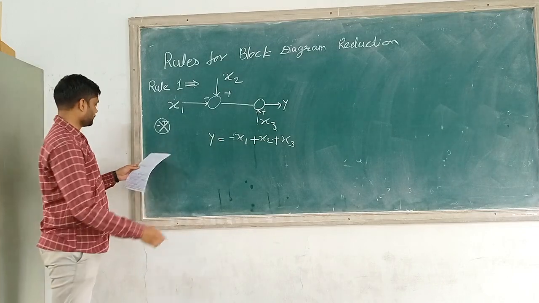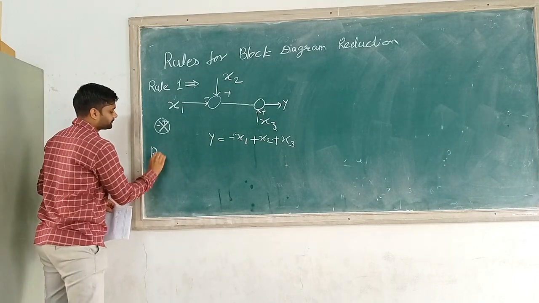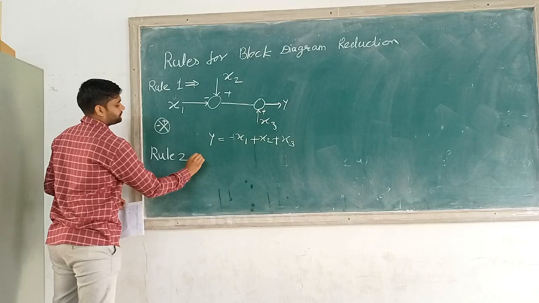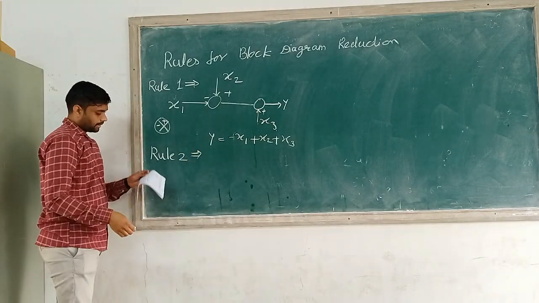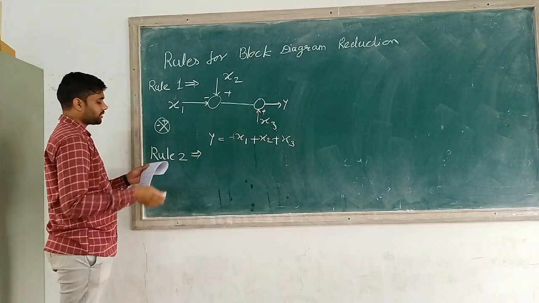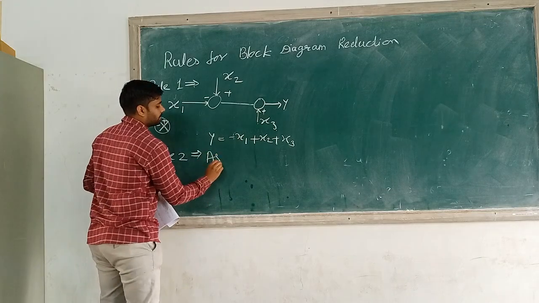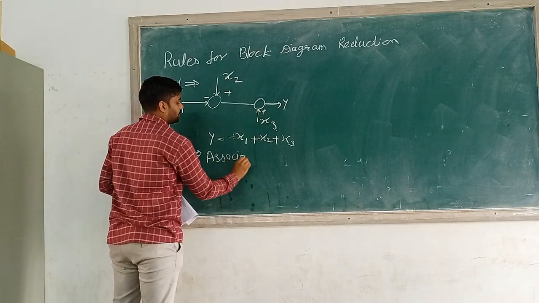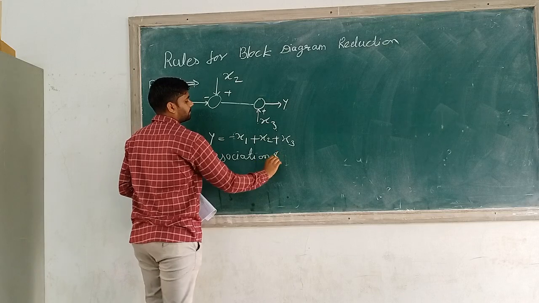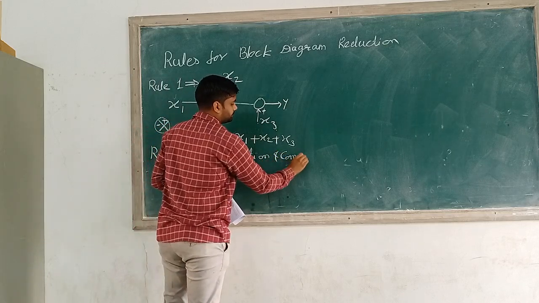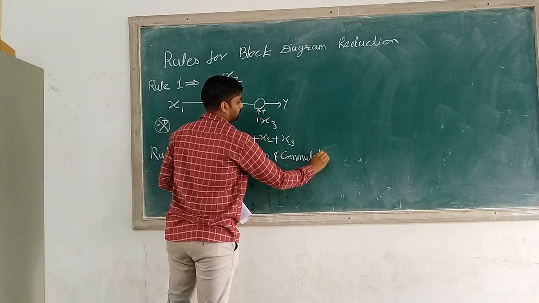So rule number 2, the associative and commutative law.